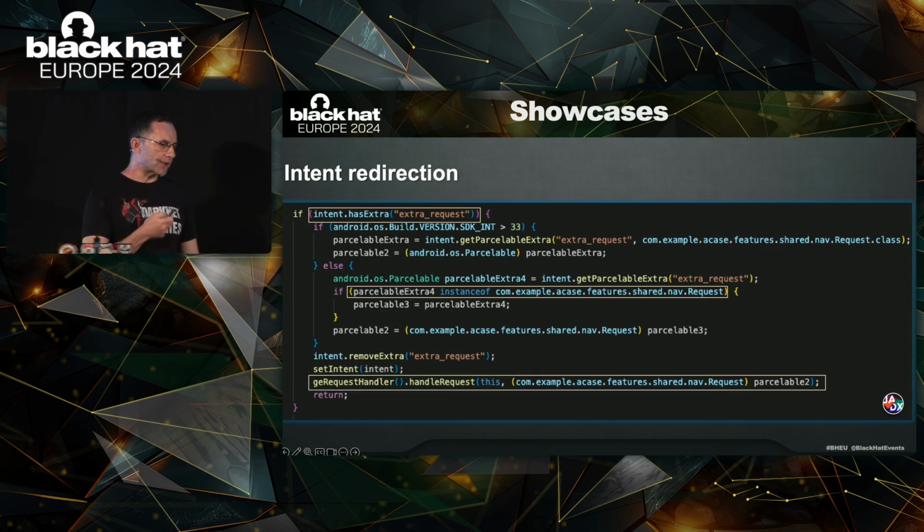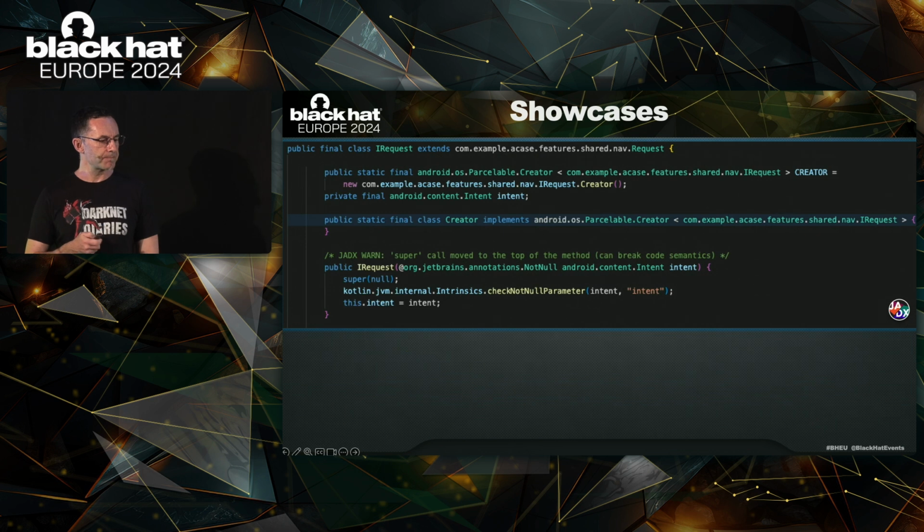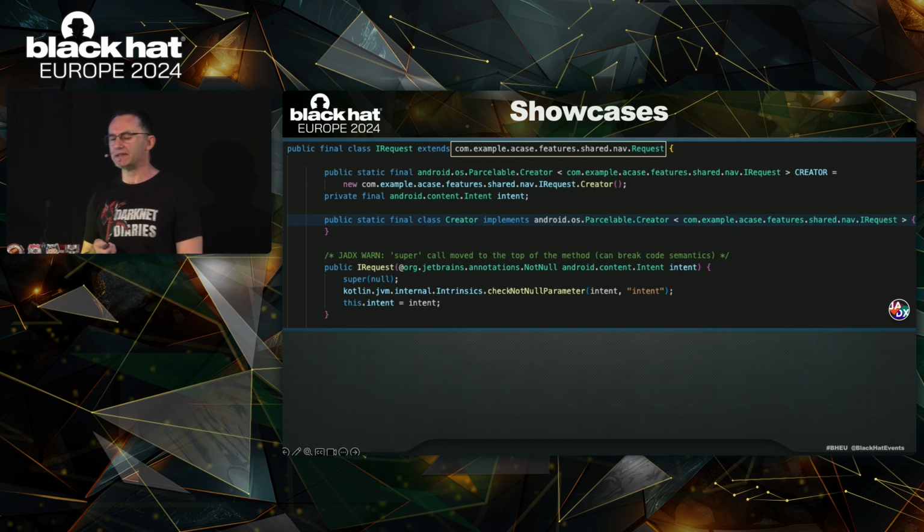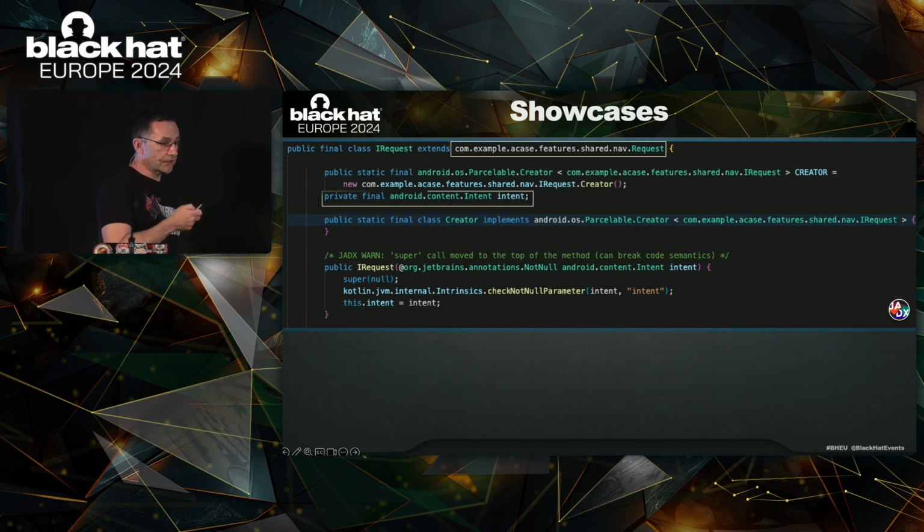Now, before we see what this handle request method is doing, let's take a look at the request class, which is actually abstract and is extended by the iRequest. If we take a closer look, we're going to see that it has a field, an intent, which we can set using the constructor of this class.